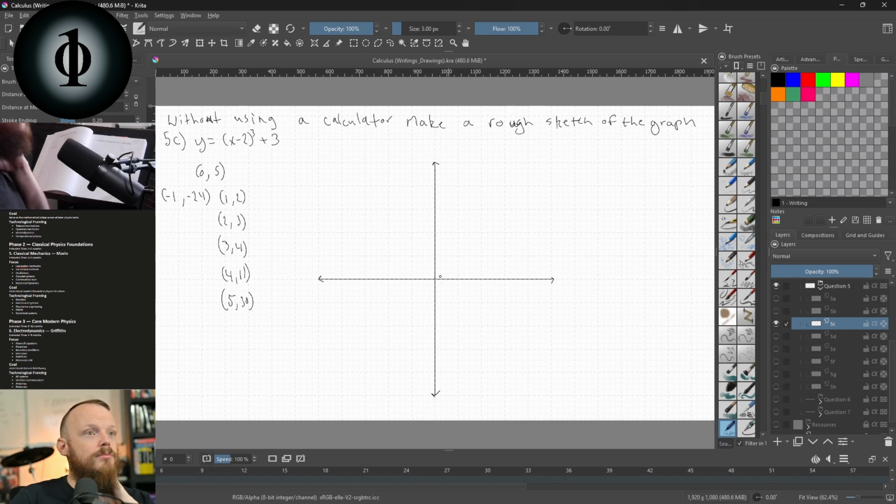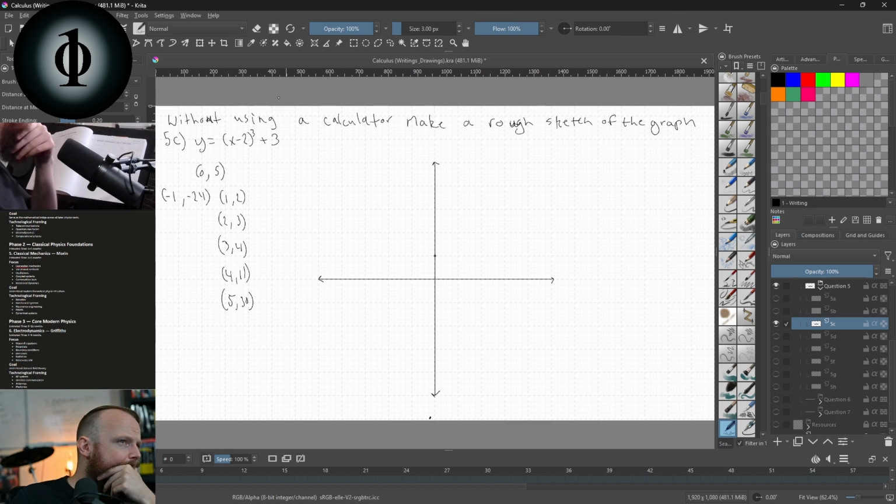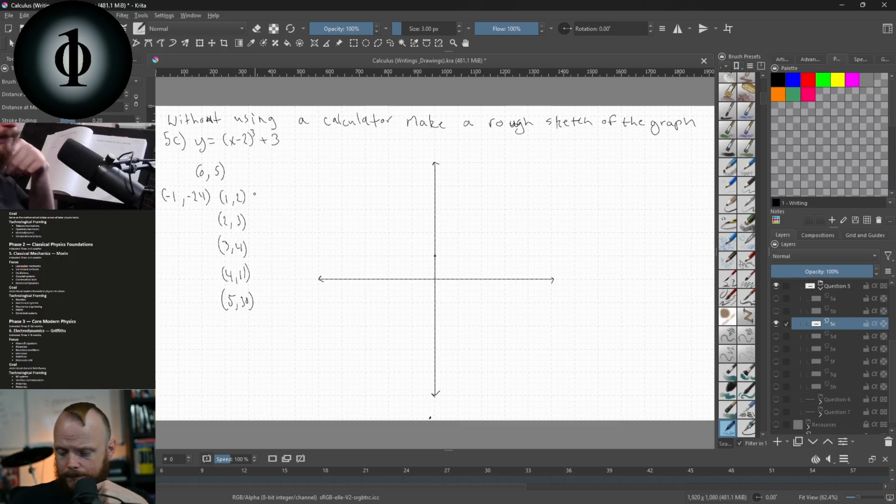All right, let's map this. So we got 0, 5: x is 0, y is 5. 1, 2, 3, 4, 5. I don't think this is going to be right. -1, -24. So we're all the way down here. Huh. I don't know about that. 0 minus 2.